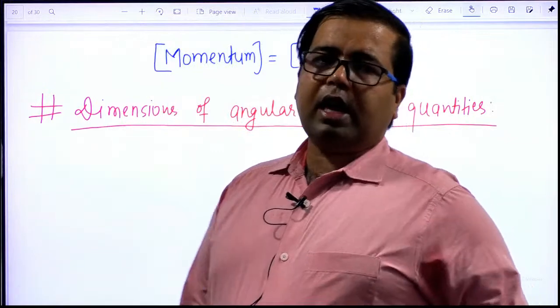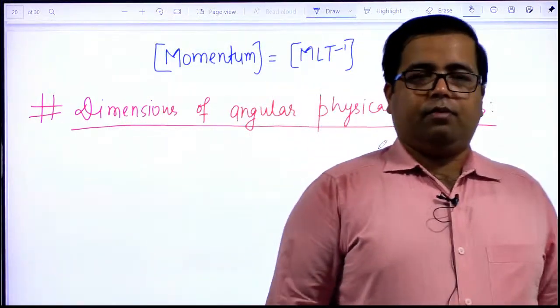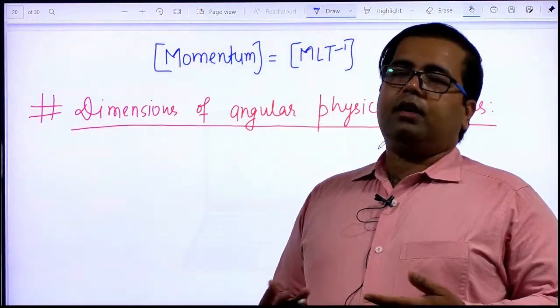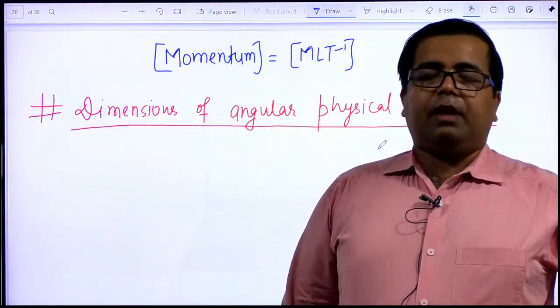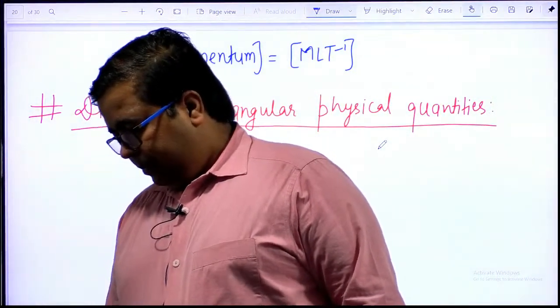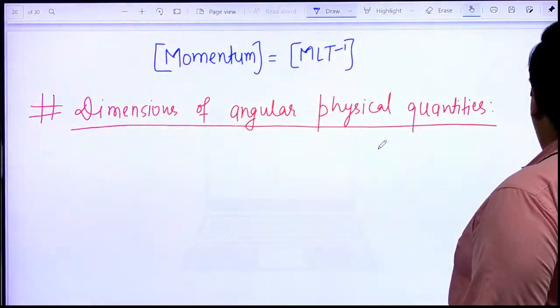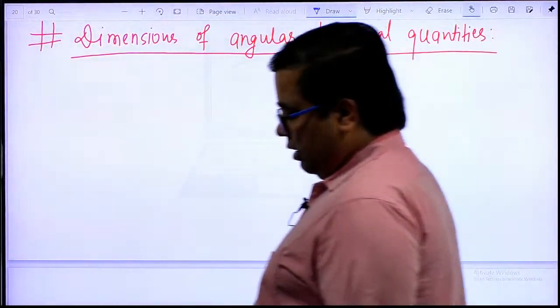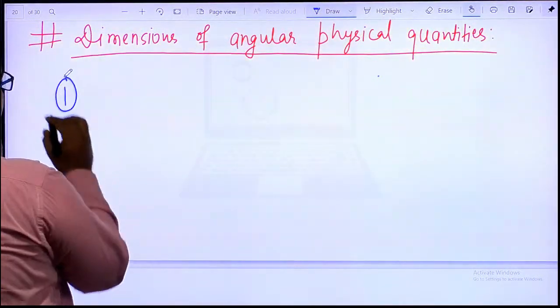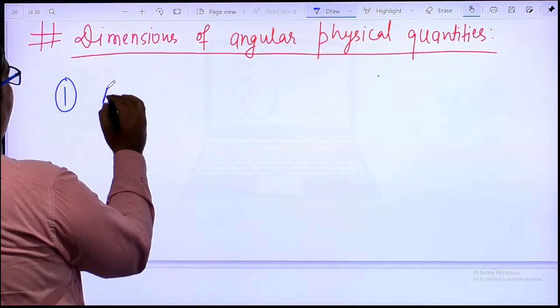Energy is work, actually, Charan. The work and energy both have the same dimensions. Okay. Let's see. I am finding some other angular physical quantities. The first one is angular displacement.